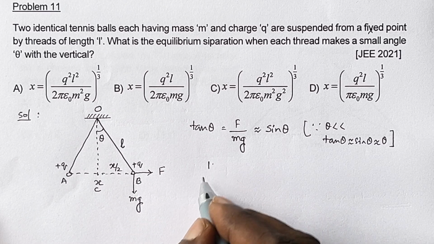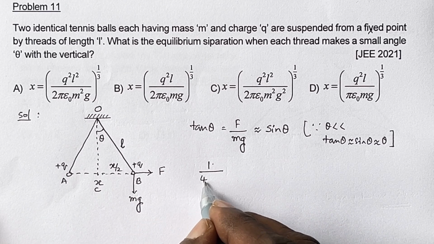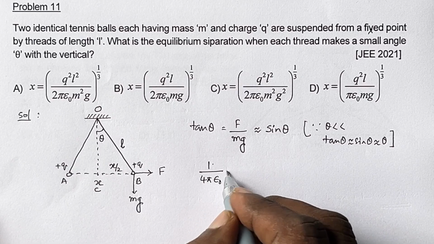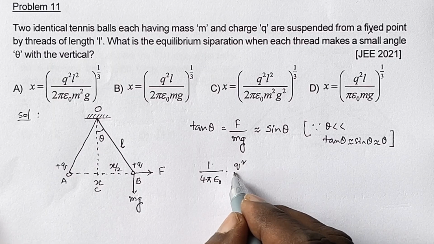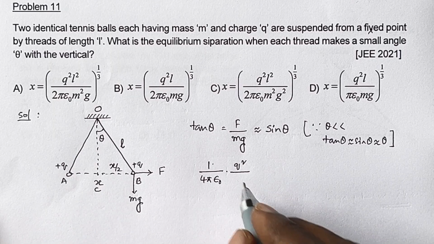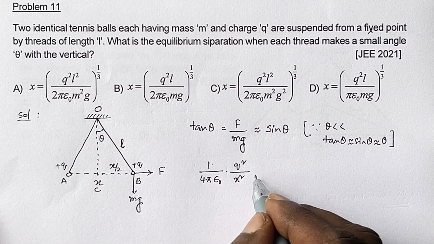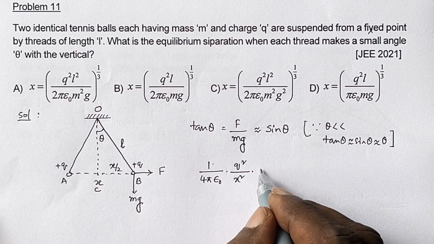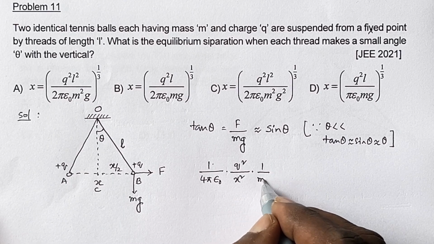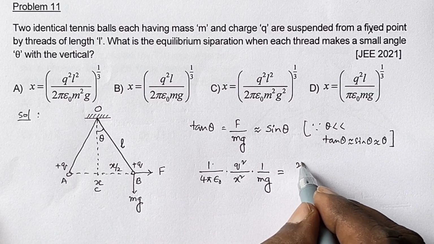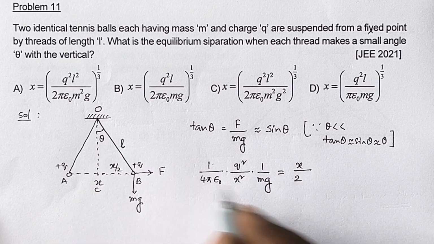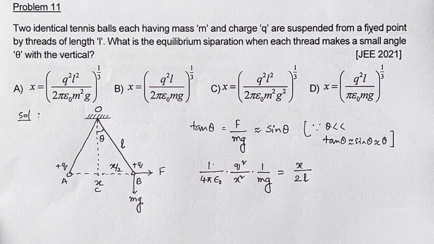K means 1 by 4 pi epsilon naught, K Q into Q, Q square by distance square, x square. Here mg will be there only here, is equal to sine theta, opposite side by hypotenuse. So these are the values. So substituting is over. So x value we have to calculate.